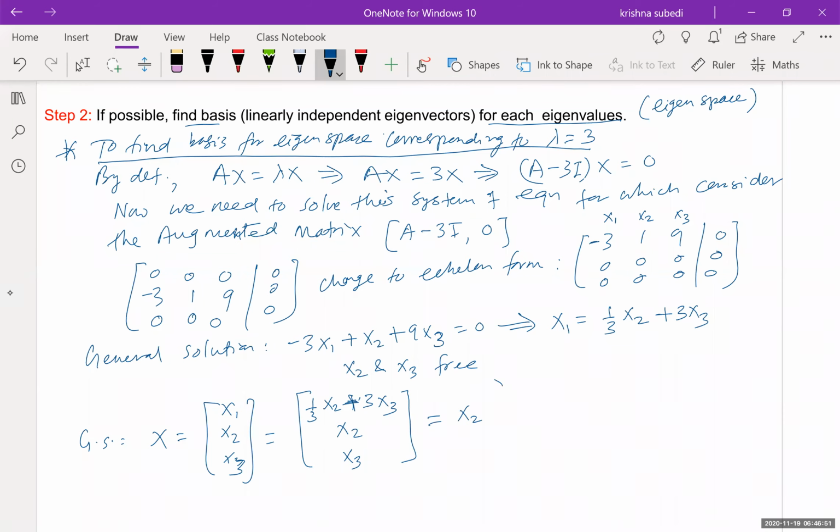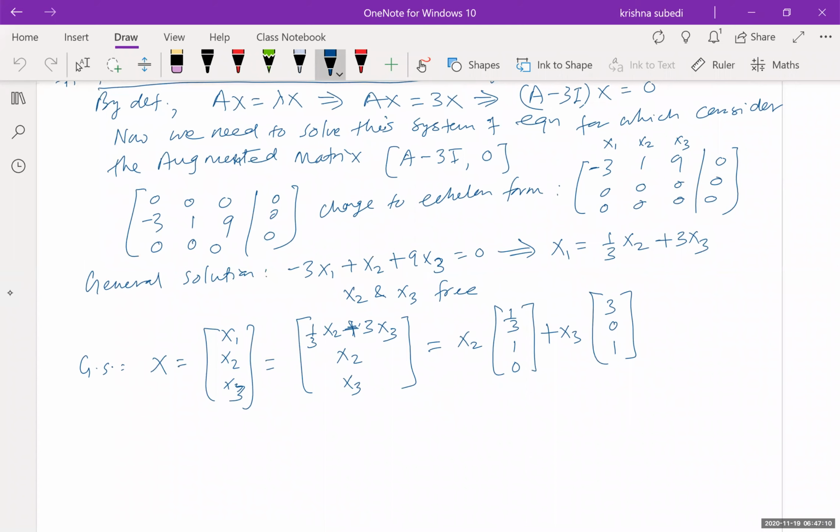So x2 plus x3. So you can get the vector right away. This will give me 1/3, 1, 0, and this will be 3, 0, 1. Right?